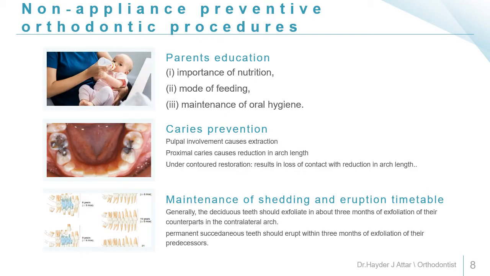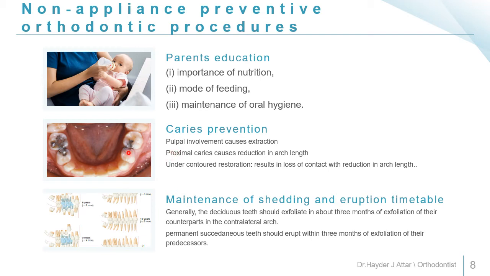The other procedure of preventive orthodontic treatment is caries prevention, because pulpal involvement of the primary teeth may cause extraction, and early extraction of the primary teeth affects the arch length and causes loss of space for the succedaneous permanent teeth.